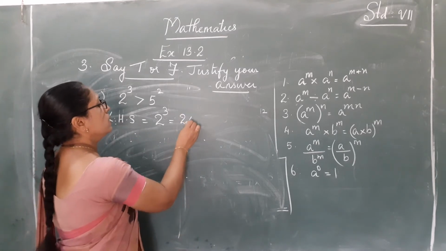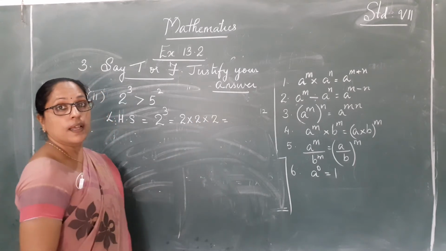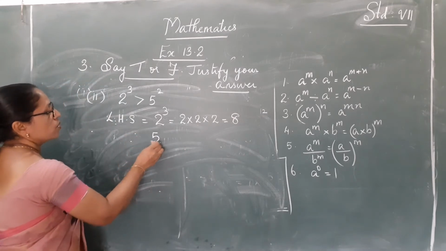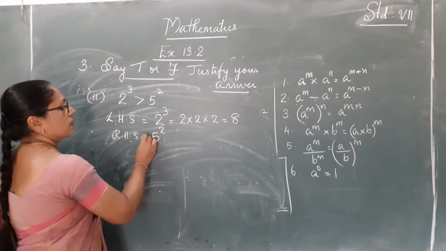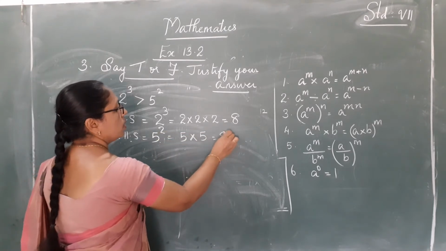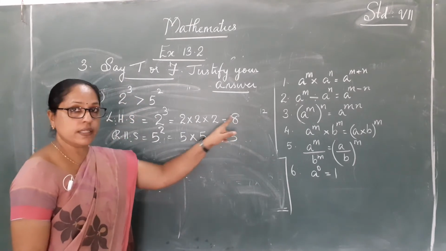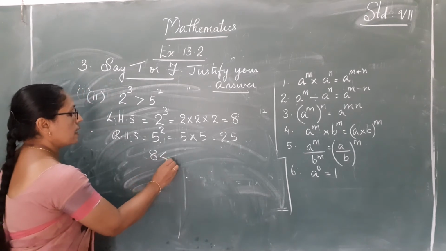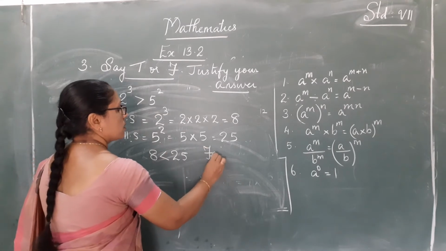So 2 into 2 into 2, the answer is 8. Then 5 raised to 2, RHS, which is 5 into 5, equals 25. Is it true that 8 is greater than 25? No, 8 is less than 25. So this is false.